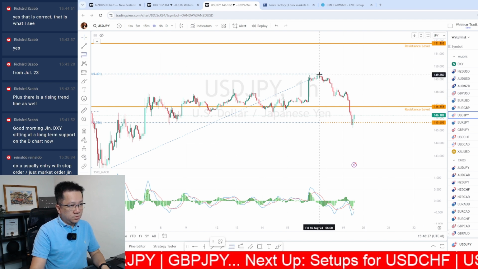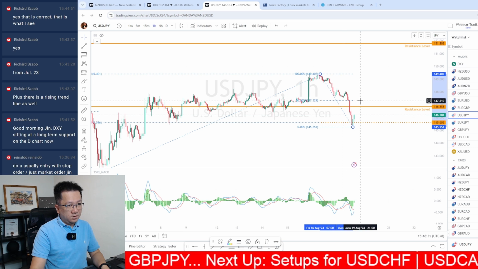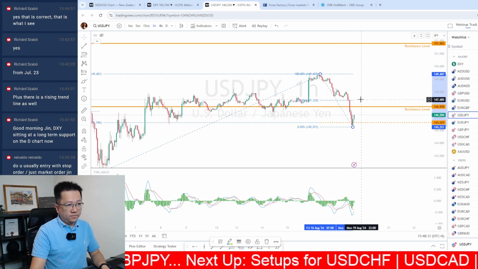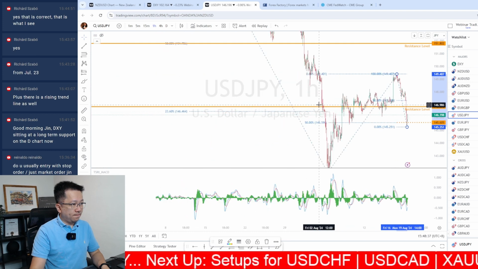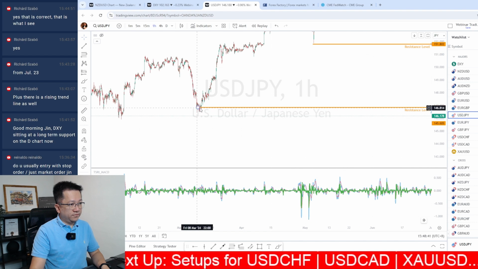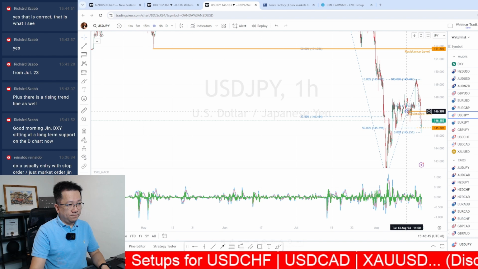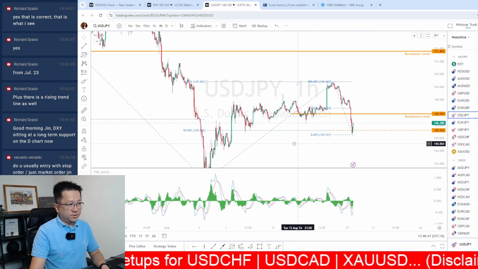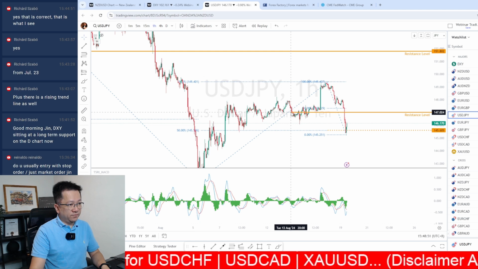So now looking at this, track down 50, 147.40. I know that level's there, but I want a more current level, which I'll put at 147 round number.